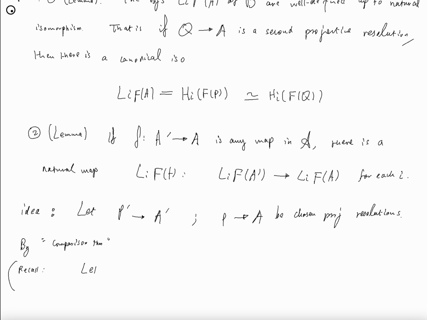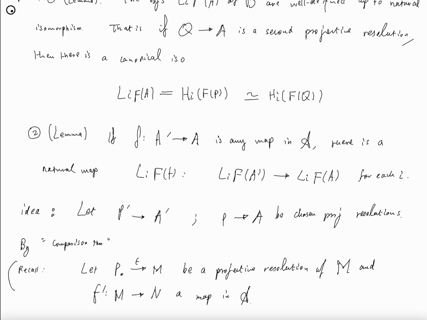Statement of the comparison theorem: let P to M be a projective resolution, and let's give it a map f' from M to N. So M and N are objects of category A.